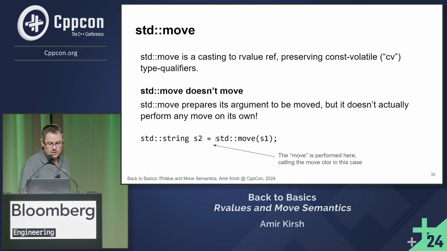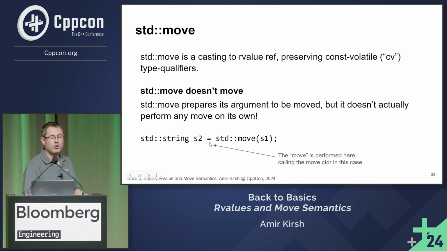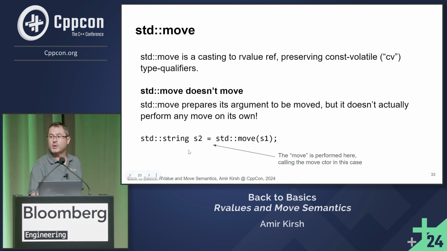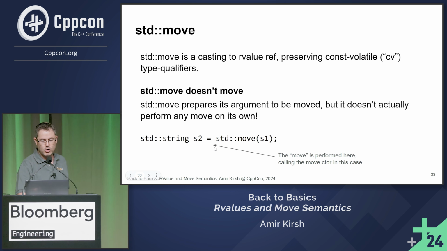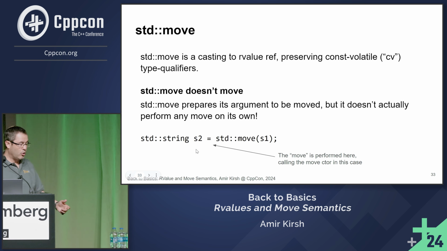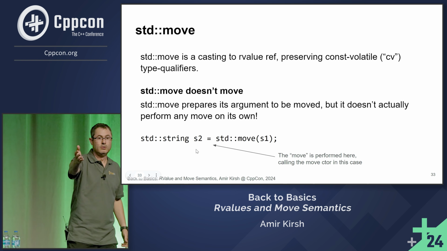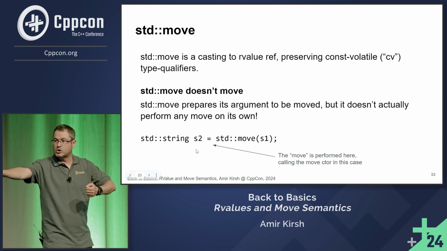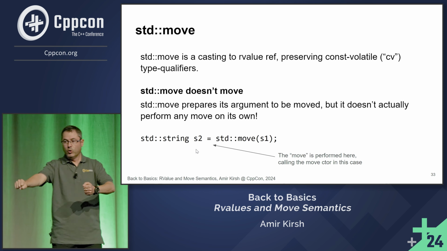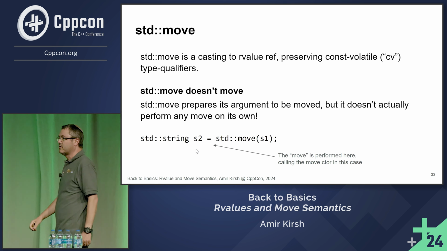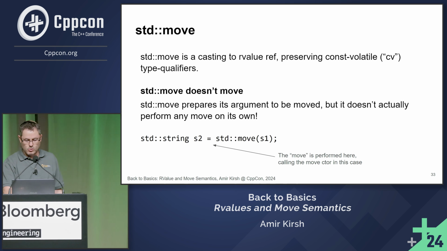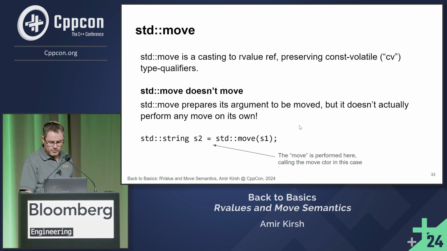The actual move is the call to, don't say assignment, it's a constructor. We create a string, we call the copy constructor. Sorry, we call here the move constructor, because we use std::move. If we wouldn't use std::move, then we would have called the copy constructor. So we call the move constructor because of the std::move.